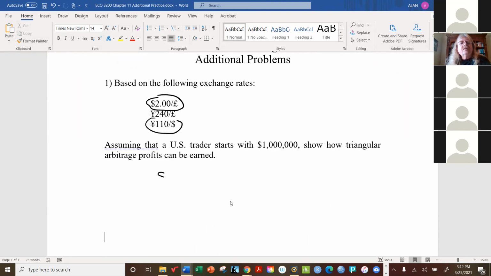So here what we can do is take $2 per pound and multiply it by 110 yen per dollar. You'll notice that the dollars cross out. That leaves me with what I need, which is yen per pound. So according to what I'm seeing here, it should take 220 yen to buy a single British pound.